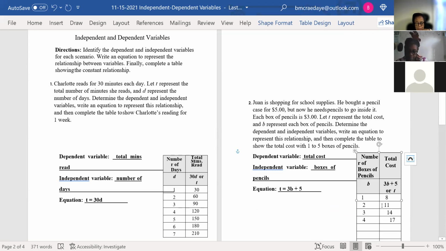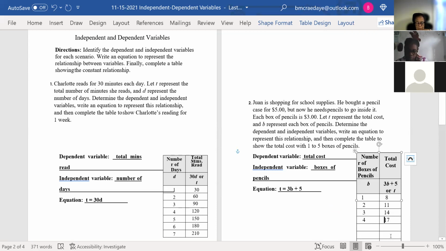So let's move this so you can line them up. For 5 boxes, it would be what? 20. You just add 3. 5 would be 20.